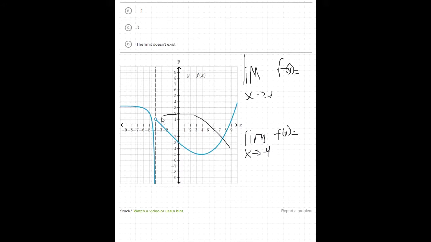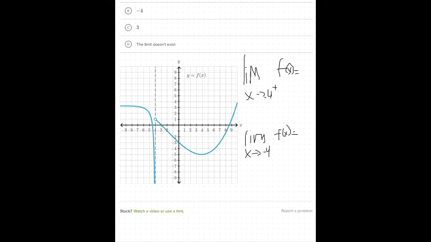Remember, as x approaches -4 from the right, you can also say from values greater than -4. And when you think of values greater than -4, you think of plus. So from the right, or values greater, the limit notation is the same, but where an exponent would be, you just write a plus sign.